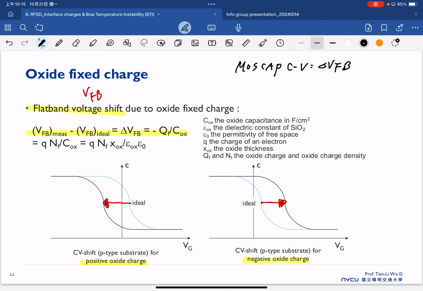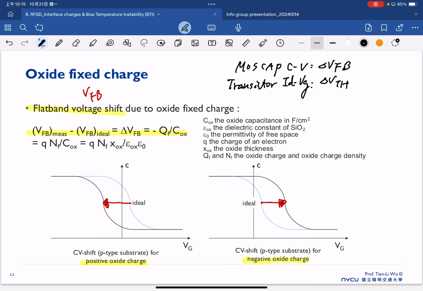But this flat band voltage is certainly correlated with our transistor as well. The flat band voltage estimated inside the MOSFET is almost identical to the threshold voltage we estimate in the ID-VG curve.